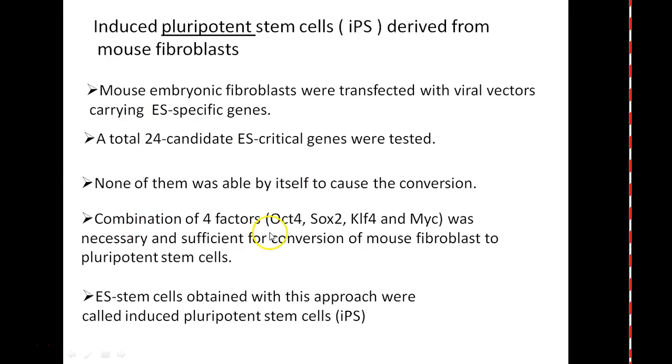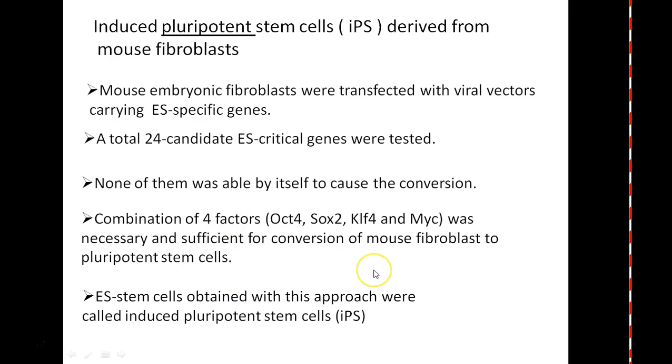They found that a combination of 4 factors called OCT4, SOX2, KLF4, and MYC was necessary and sufficient for conversion of the mouse fibroblasts to pluripotent stem cells. That was the major breakthrough. This happened for the first time back in 2007.